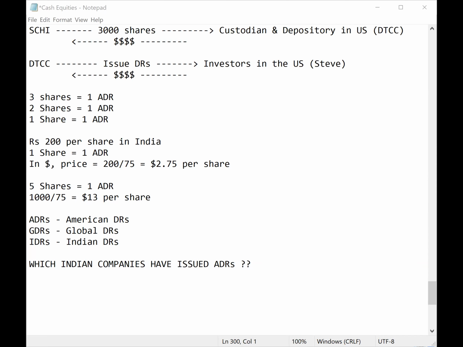Legally they are the owners of the dividends and they would get the capital appreciation, but they can pass on the benefits to the ADR investors. Maybe they can pass on some of the dividends, maybe they can pass on capital appreciation. You understand?